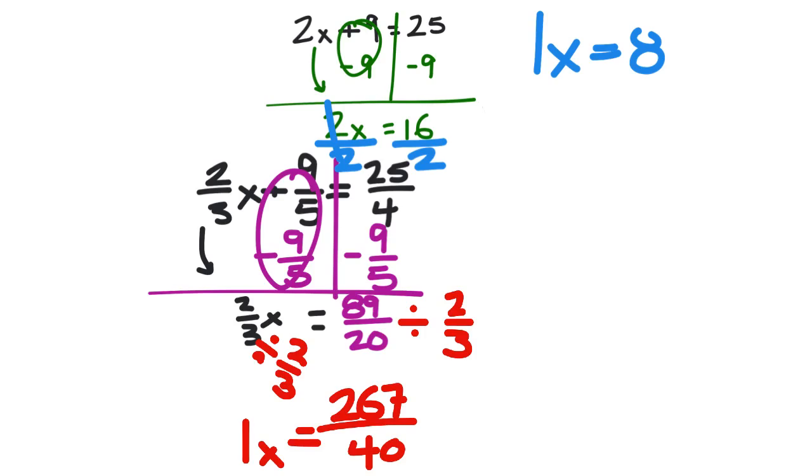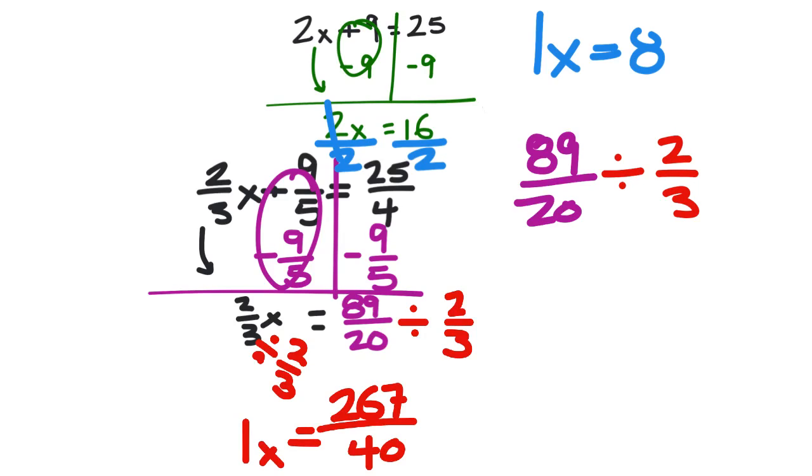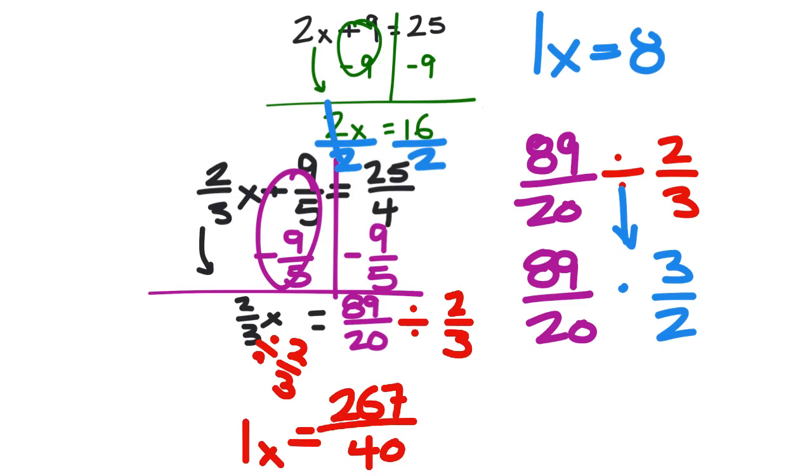So I used a calculator for this one, but if I didn't, let's go back. 89/20ths, and this was divided by 2/3. So you keep that first fraction the same, the dividend 89/20ths, change the division to multiplication and reciprocate that fraction into 3 halves.